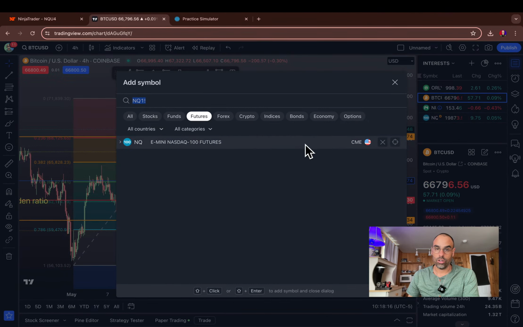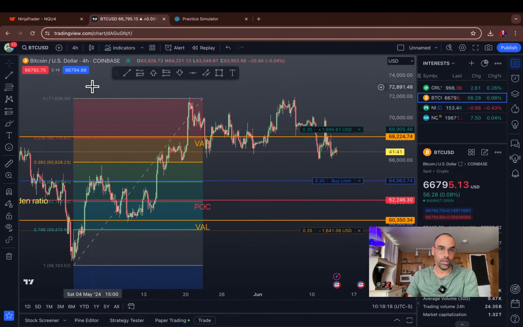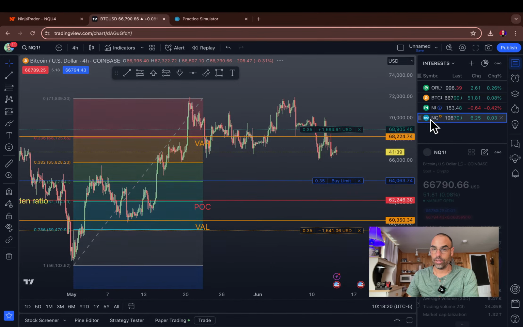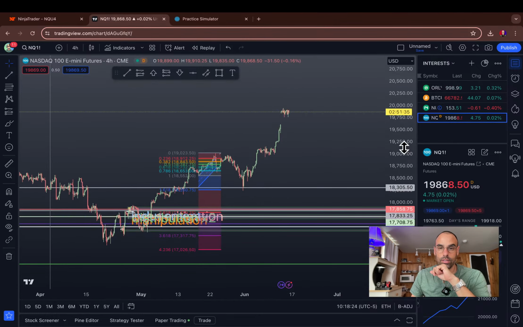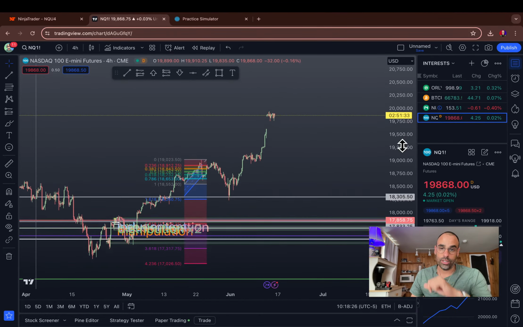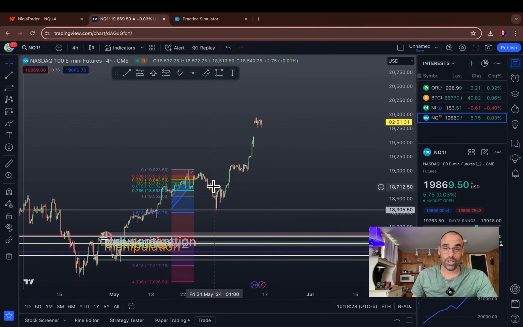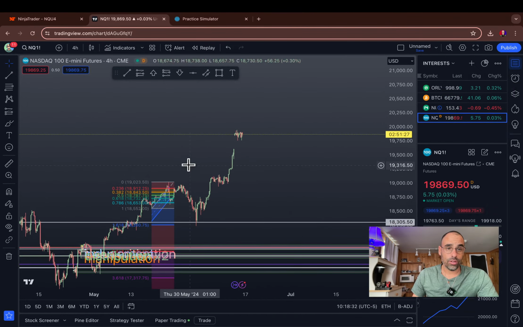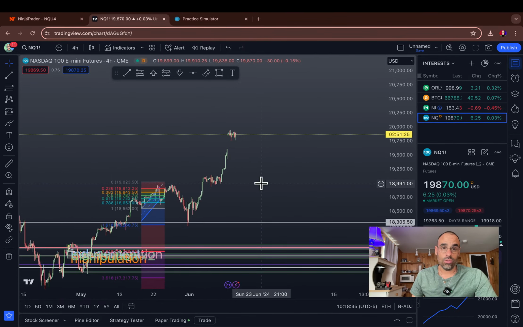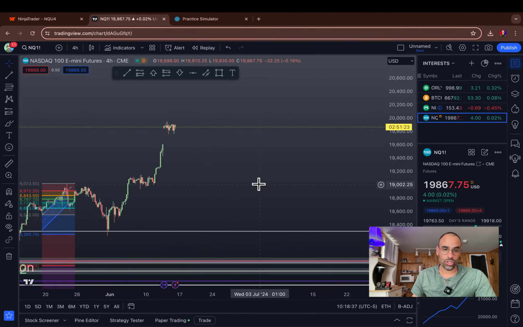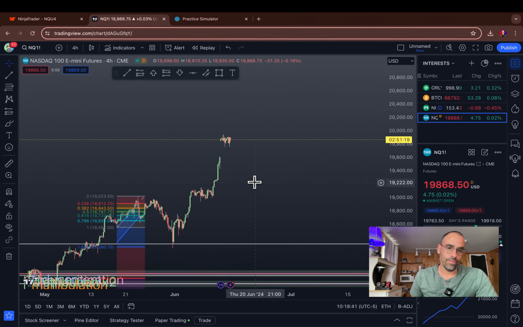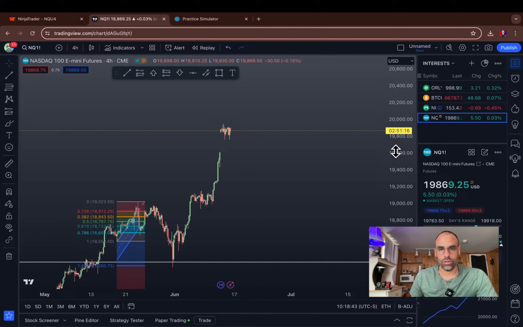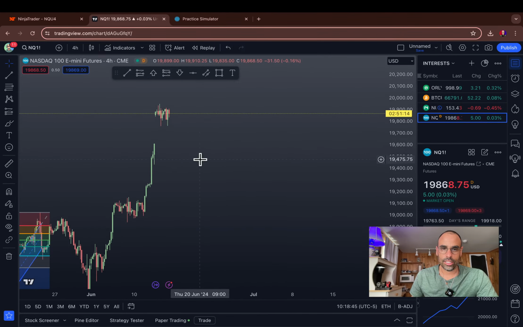So it's a continuous instrument. It doesn't have an expiration date because it rolls over automatically. But I don't know if it rolls over and lets you know, because I don't think it matters. It's just continually trading. So this is the NQ1!